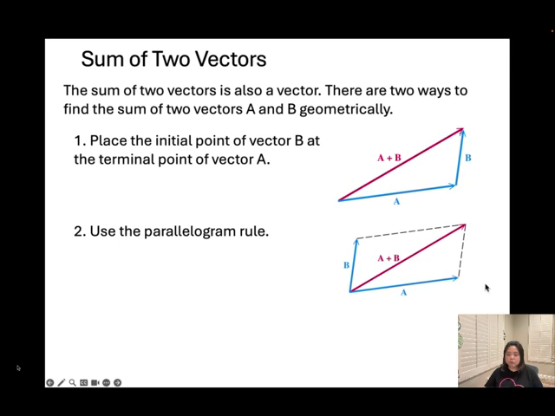The diagonal of the parallelogram with the same initial point as A and B will be the sum A plus B. All these three lines have the same initial point, and this line will be the resultant vector A plus B. This is the second method. Again, the sum A plus B is called the resultant.